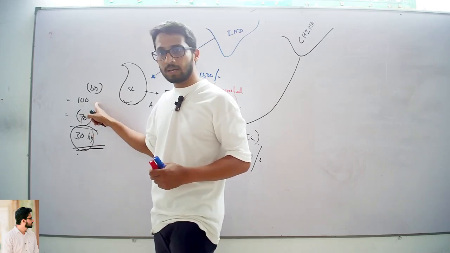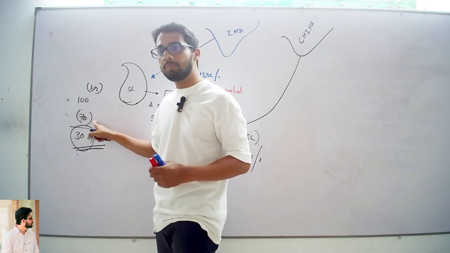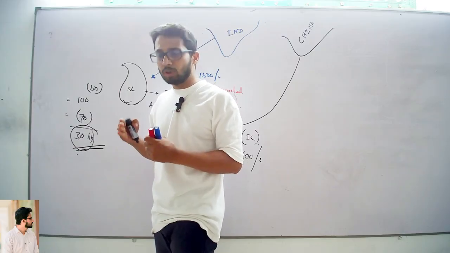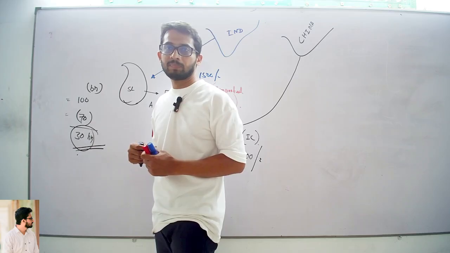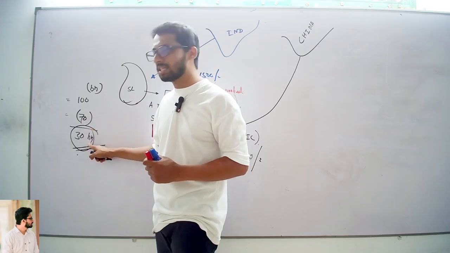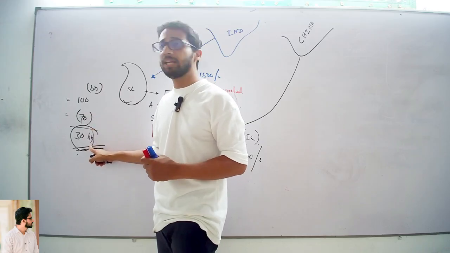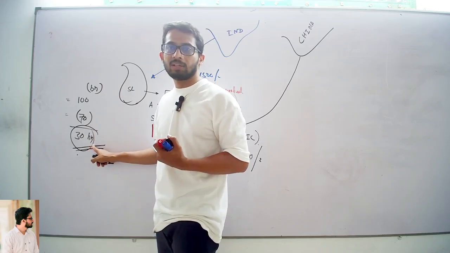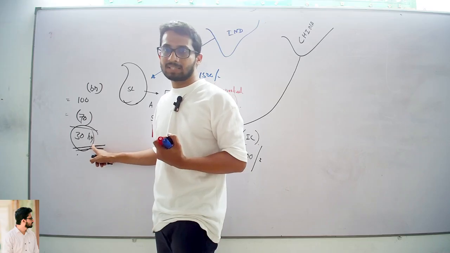This 70 billion goes to other countries and cannot be added to Sri Lankan GDP. So after deducting 70 billion, we have only 30 billion. That is called value addition. This is the only value left for us.